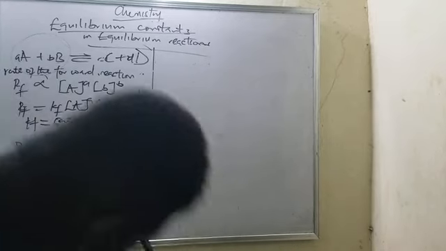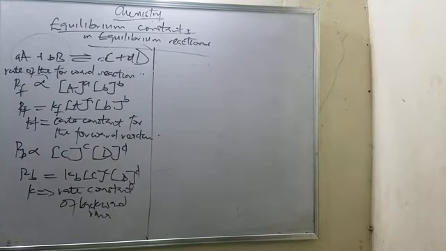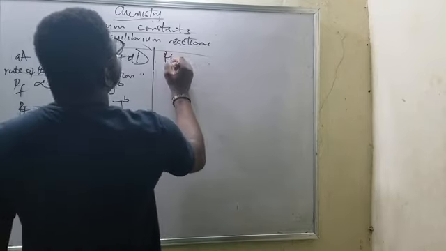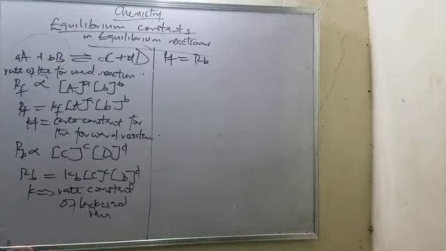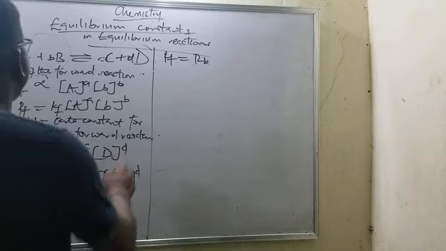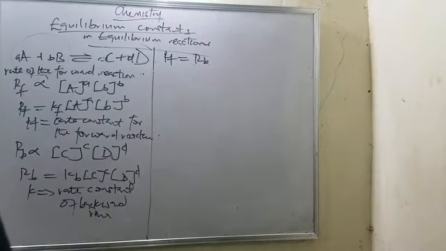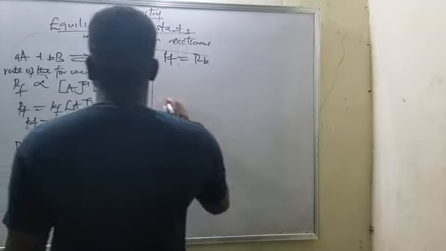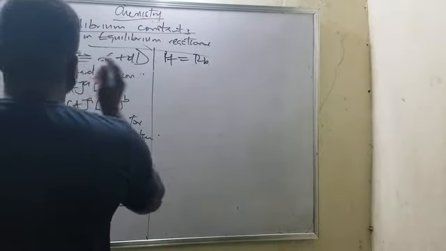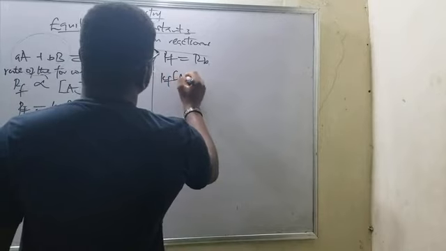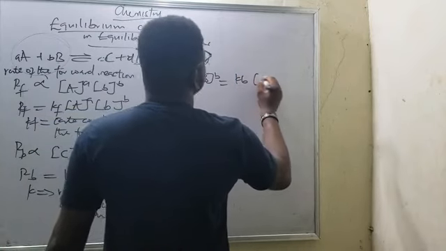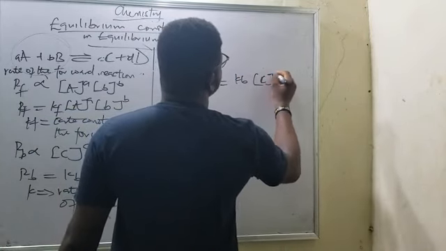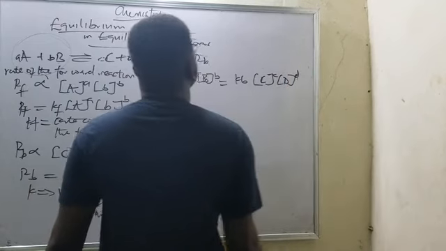Now, at equilibrium, what we realize is that the rate of the forward reaction is equal to the rate of the backward reaction, so Rf equals Rb at equilibrium, because there must be a balancing. As a result, we can substitute the values for Rf and Rb into the equation and see what we have. We get Kf [A]^a [B]^b equals Kb [C]^c [D]^d.